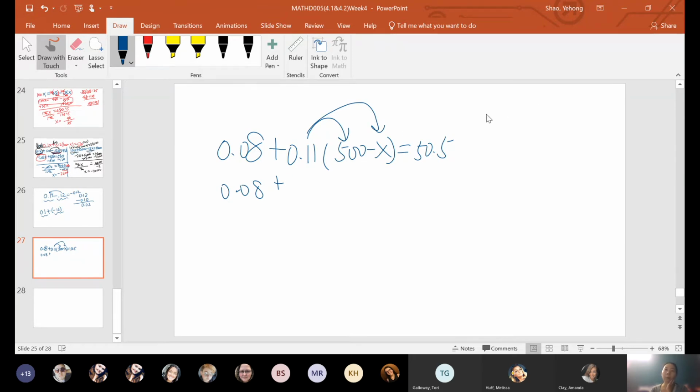Remember when we multiply decimals, you ignore the decimal point. So it's like doing 11 times 500. 11 times 500, that gives you 5,500. Now let's put the decimal point back 2 decimal places. So you end up with 55 here. And then we have to distribute 0.11 to x. That gives you 0.11x.